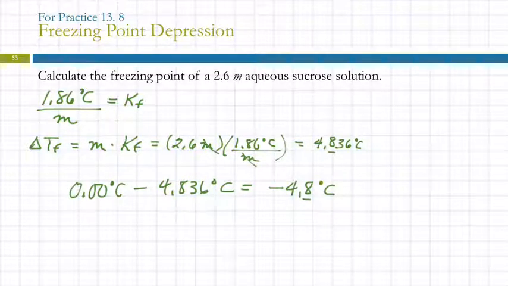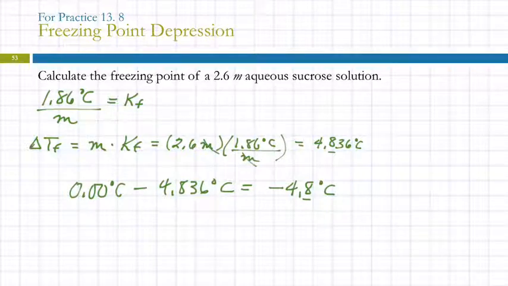Yes? So it's not pure water, though. Right. It's not pure water. If it were pure water, the temperature of the freezing point would be 0. The freezing point depression tells us how much the freezing point changes because we added the sucrose. So delta TF is the change in the freezing point.